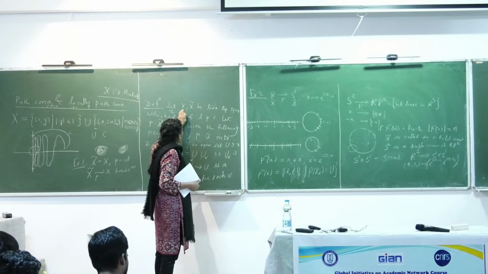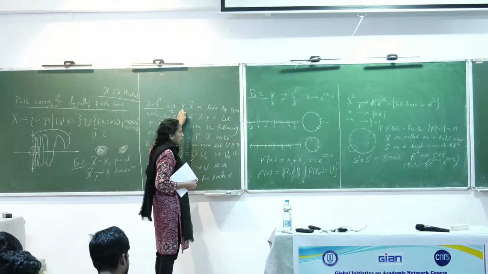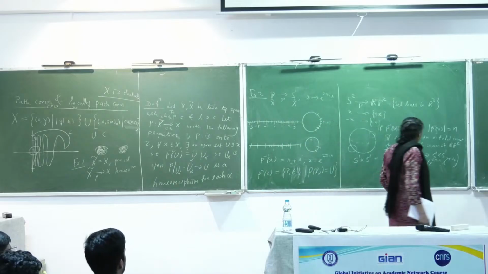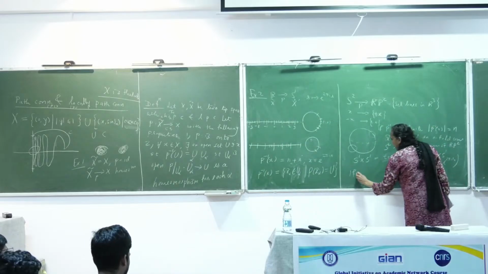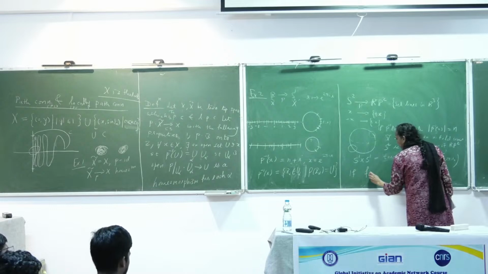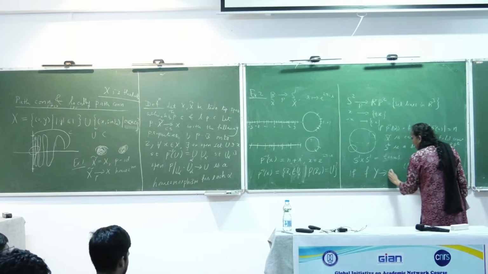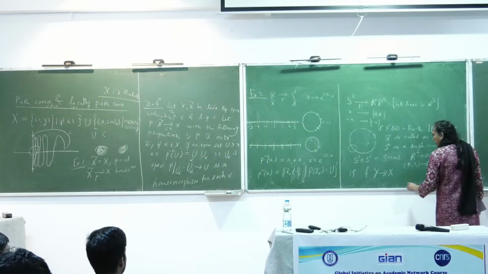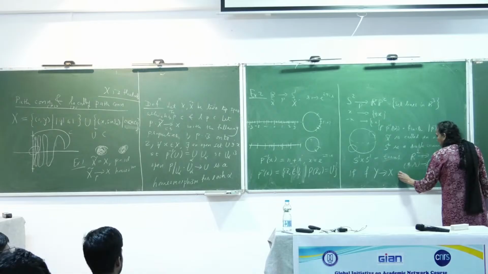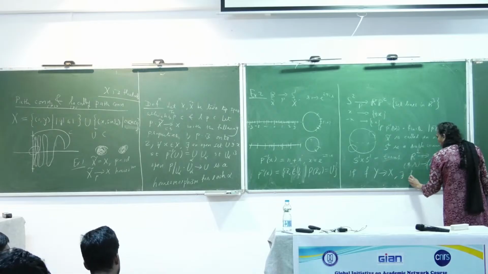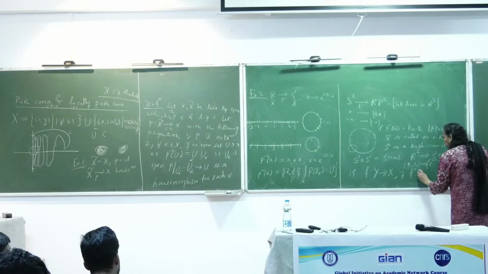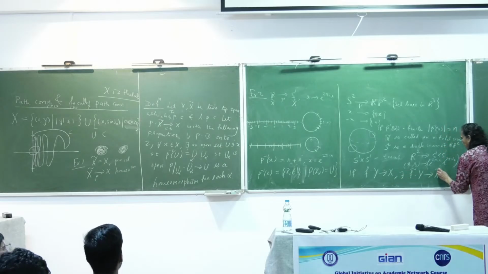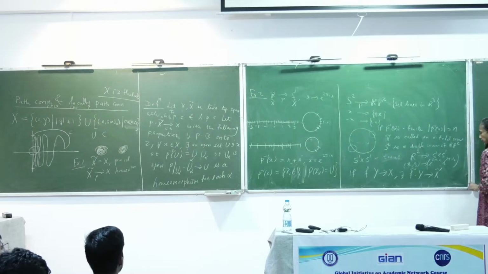Secondly, if I have a continuous map F from Y to X, where Y is another topological space, and suppose X has a covering, can I find a map F tilde from Y to X tilde?